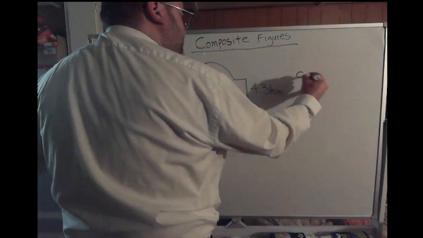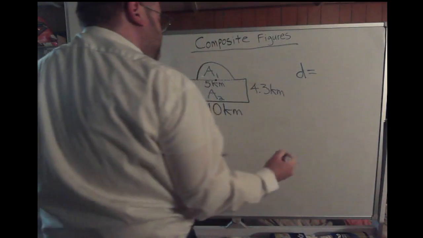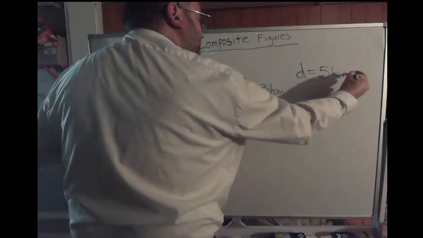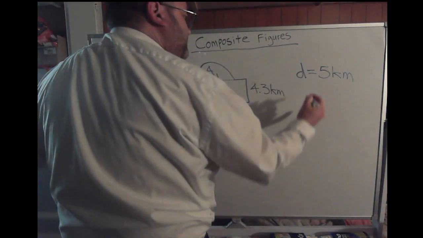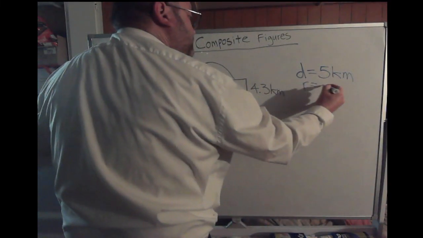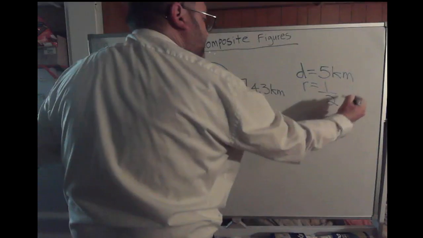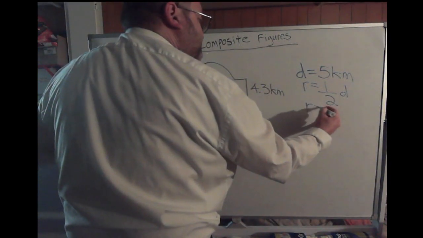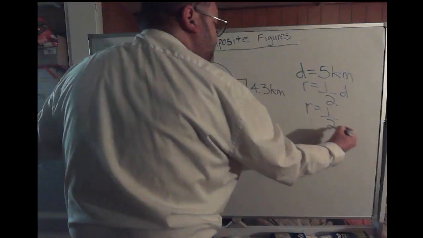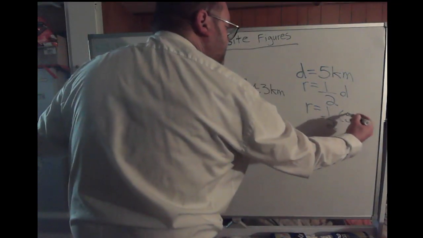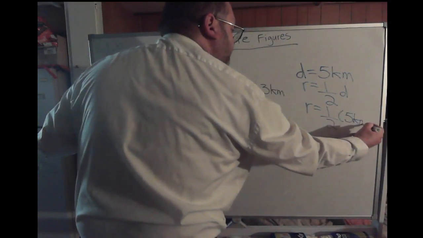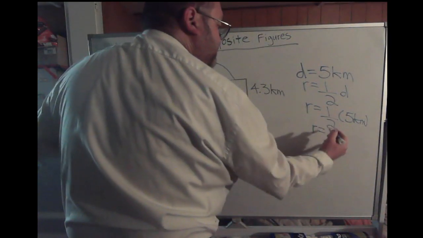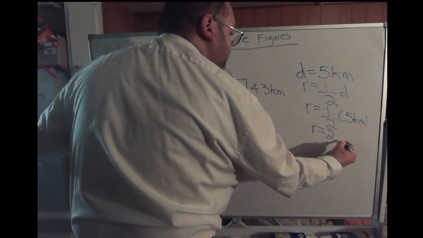We got the diameter is equal to 5 kilometers. We need to find the radius. The radius is equal to half of the diameter, right? So then the radius would be equal to half of 5 kilometers. So that means the radius is going to be equal to 2.5 kilometers then.